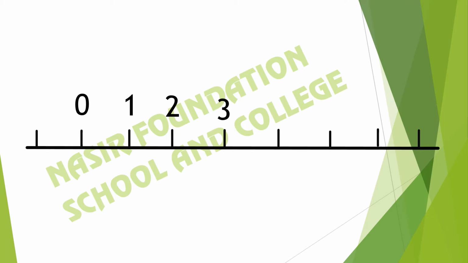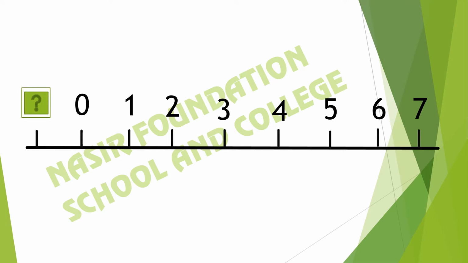I repeat, we are moving towards the right. We will write the next number. What comes after 3? It comes 4. Then it comes 5. After 5 it comes 6. And then it comes 7. We are moving towards the right side. We are moving in an increasing order.